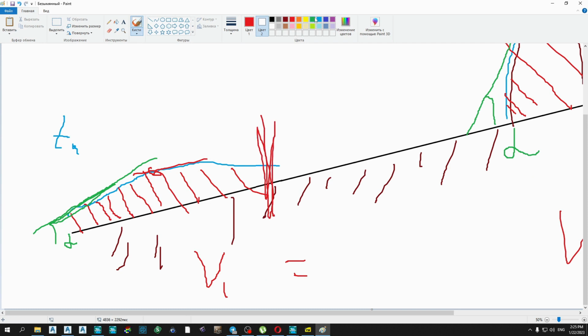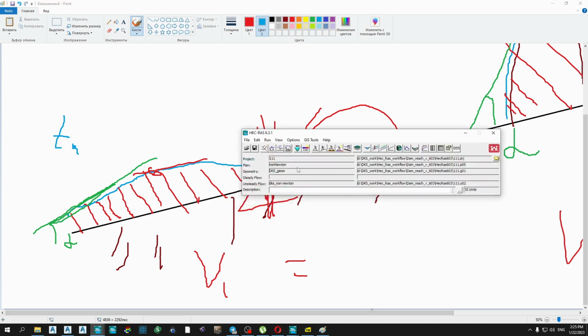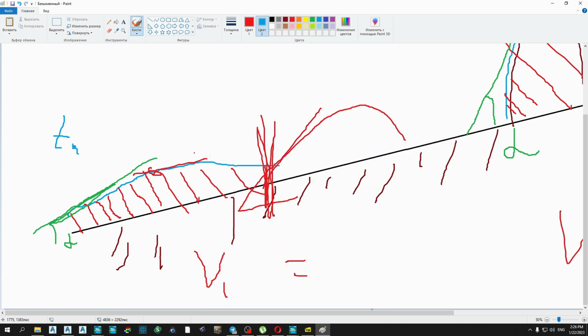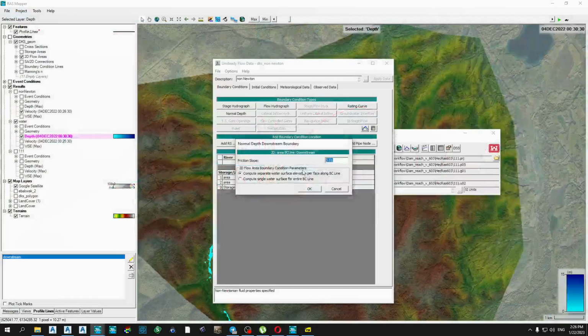If we cannot move the downstream cross section, we can do the second thing. It's not so correct in my opinion, but it works. You can change the friction slope to an average slope of the water surface of your wave. You can estimate this slope at the cross section of interest by analytical equations.